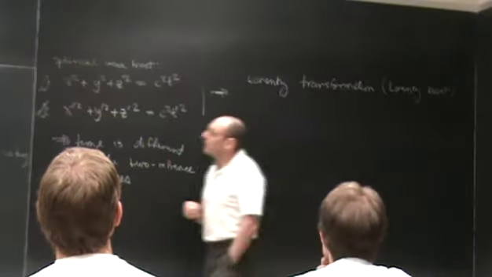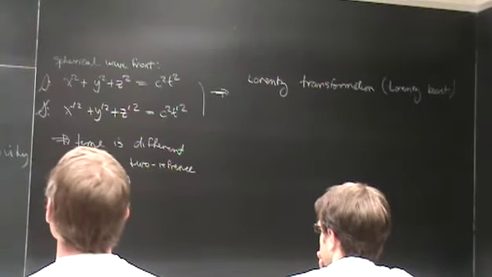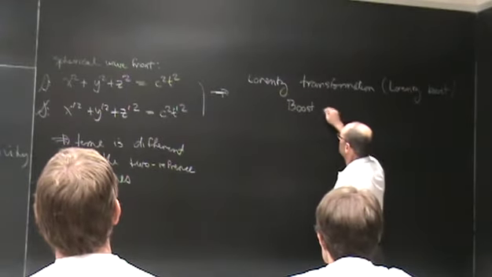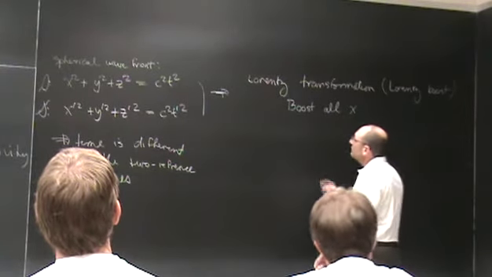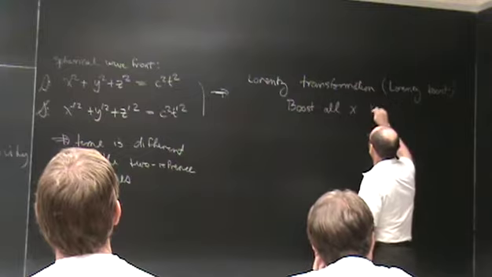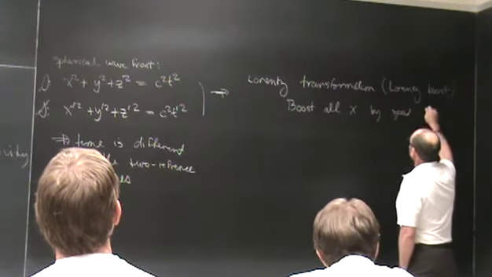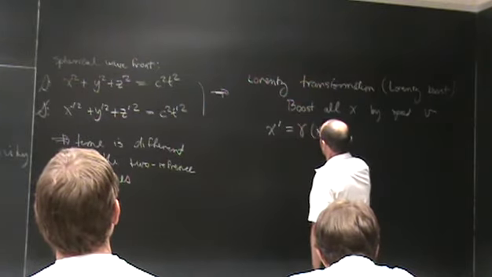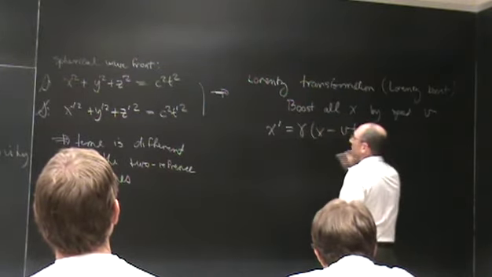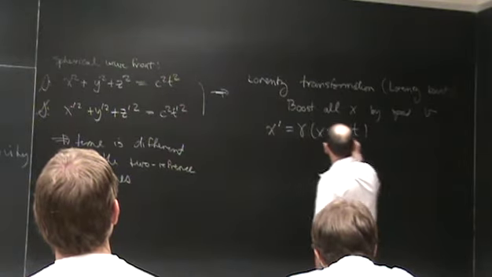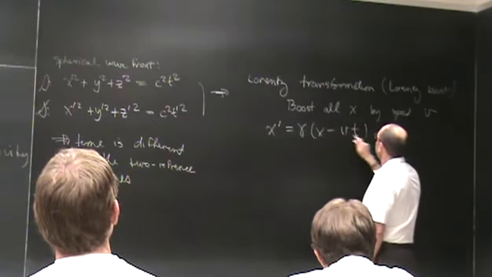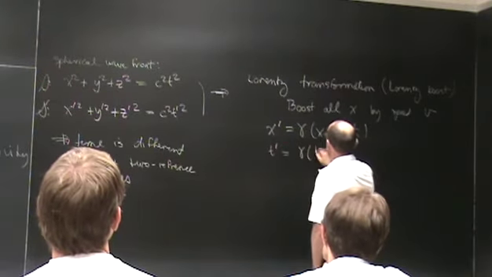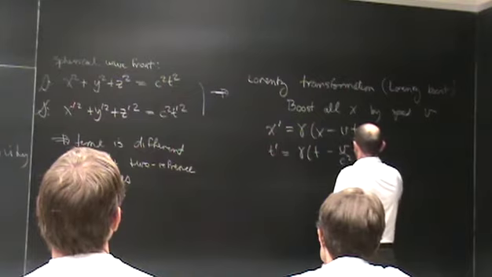So if we look at the specific example where the boost is along the x coordinate, by speed v, then we have the well-known Lorentz transformation that the x coordinate transforms according to x minus vt with the relativistic factor gamma, and t must also transform.